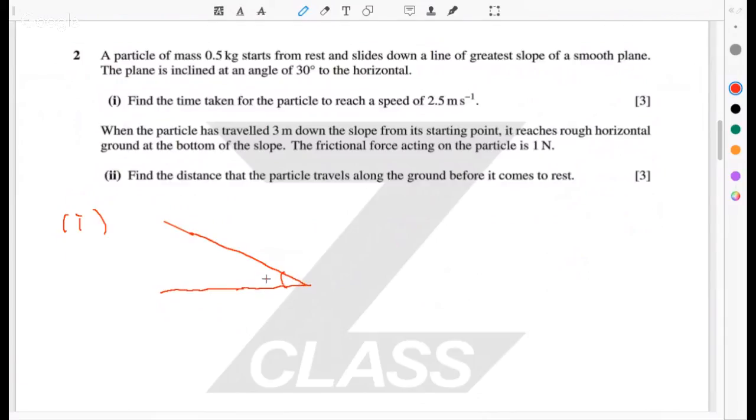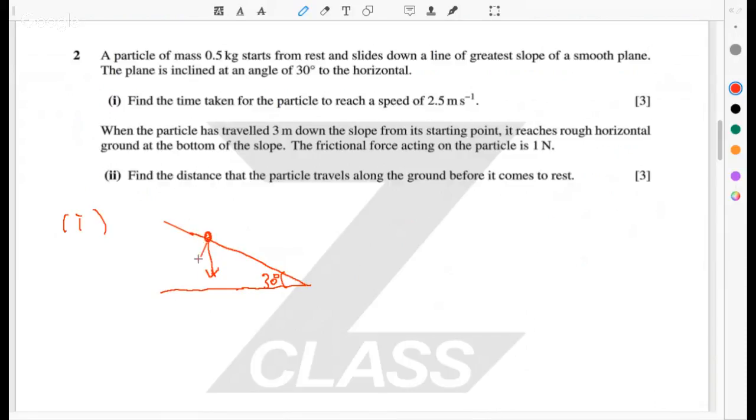So we have 30 degrees here. And question 1, find the time taken for the particle to reach a speed of 2.5 meters per second. So we have our particle here, and gravity always acts vertically downwards.